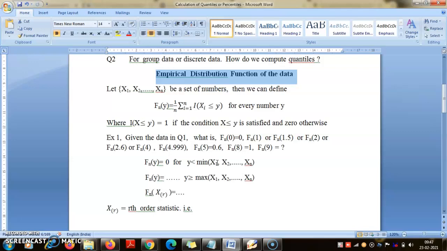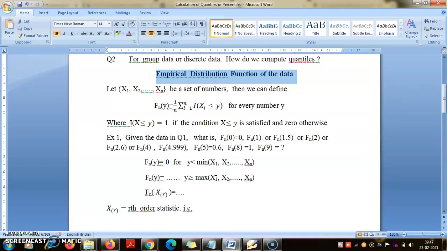And then from the next order statistic, that is x suffix 2, it will be 2 by n, 3 by n, and in between it will be 1 by n. So from minimum up to x2, this will be 1 by n. At x2 it will jump to 2 by n. By x2 I mean the second order statistic.